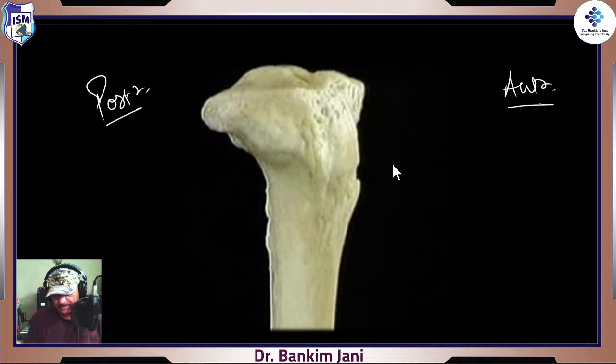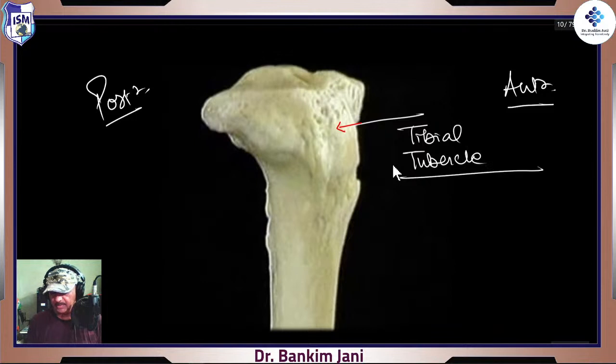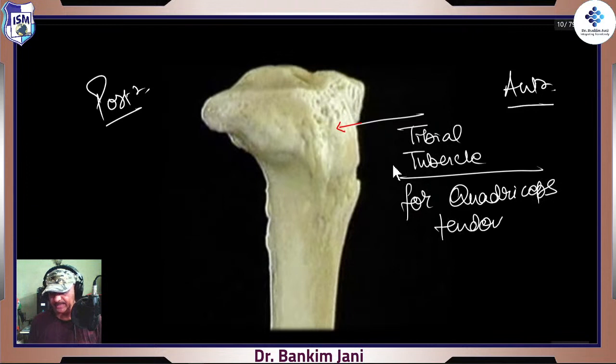Again, we are watching it from the side. On the anterior part, this portion that is pretty rough but a big area, is what is called the tibial tubercle. This tibial tubercle is the place where the quadriceps tendon is going to land.